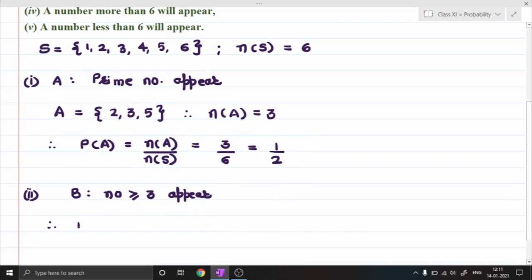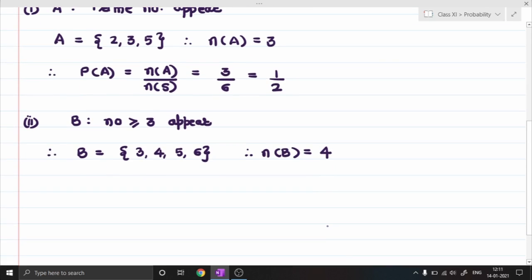So B will have 4 elements, and the value of n of B will be equal to 4. Therefore the value of P of B is equal to 4 upon 6, which means 2 upon 3.